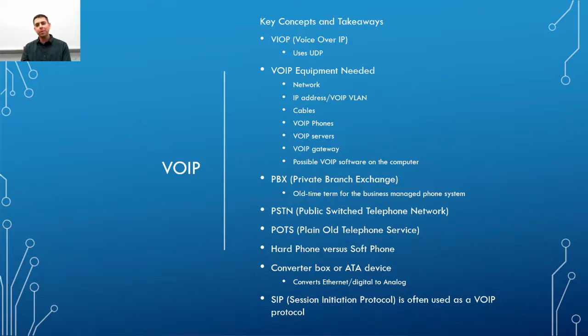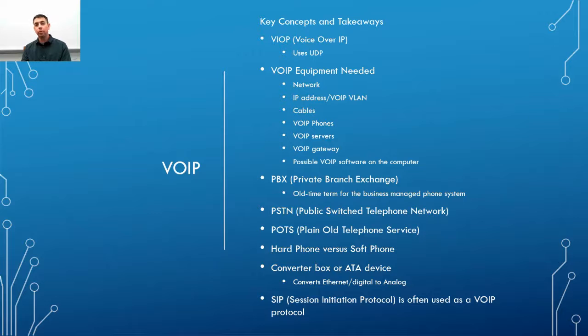So with VoIP, the equipment you'll need is, of course, a network. You'll need IP addresses set aside in a subnet to create a VLAN for your VoIP system. Of course, you'll need cables to connect the system together.